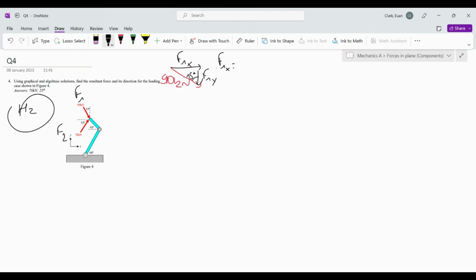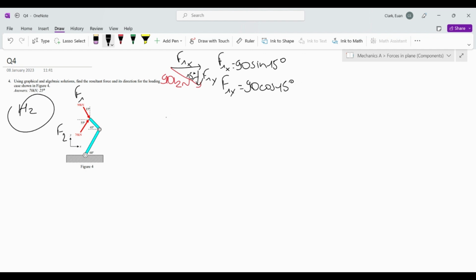There we go. So F1x is the opposite of the angle, so it's going to be sine. So it's going to be 90 sine 15 degrees. And F1y is going to be 90 cosine 15 degrees.